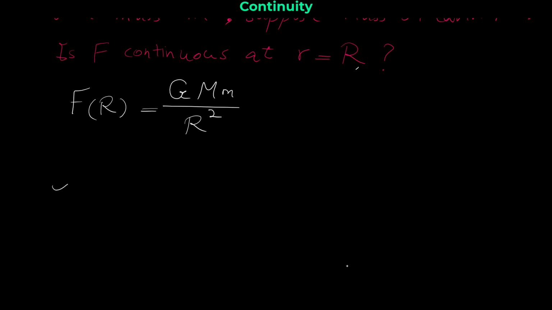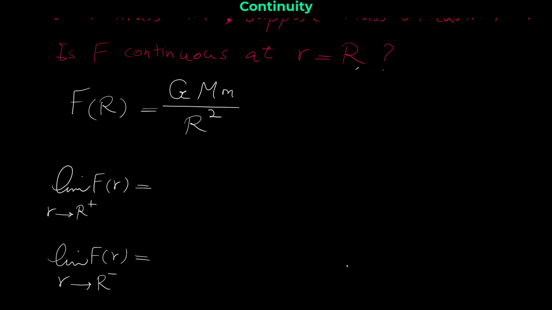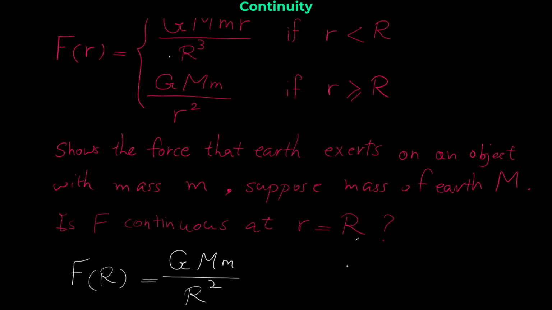as a two-sided limit, we have to find left limit and right limit separately. So I'm going to find limit of the function f of r when r approaches R once from the right, and limit of the function f of r when r approaches R from left. When r approaches R from the right, r is greater than R, so we have to use the second equation.